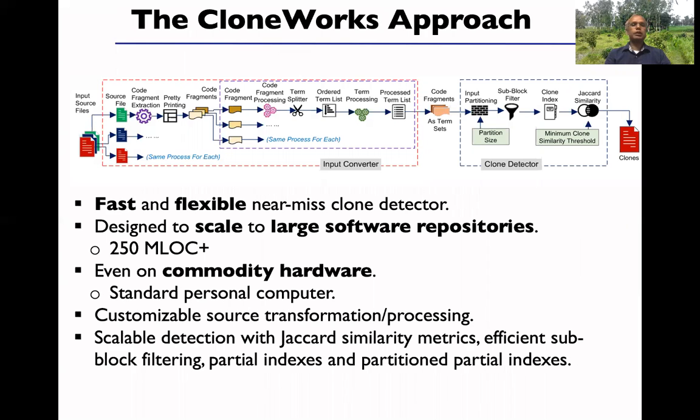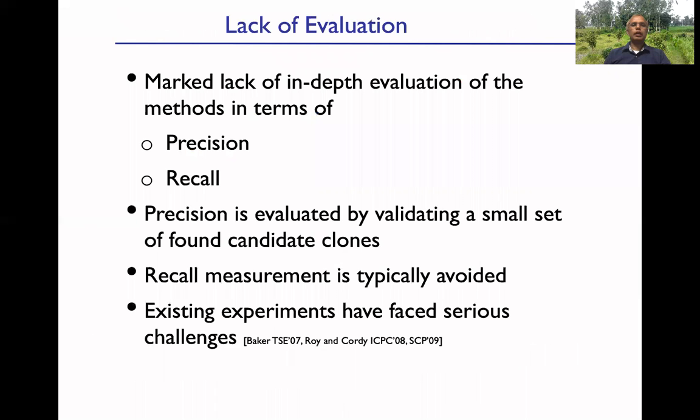This tool also targets near-miss clones like type 2 and type 3, which are difficult to detect. And it is also flexible. You can modify the tool, its input, its output, and you can not only detect clones, maybe you can detect API usability patterns and so forth. You can customize it very well.